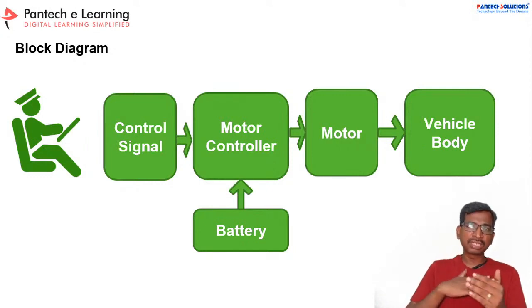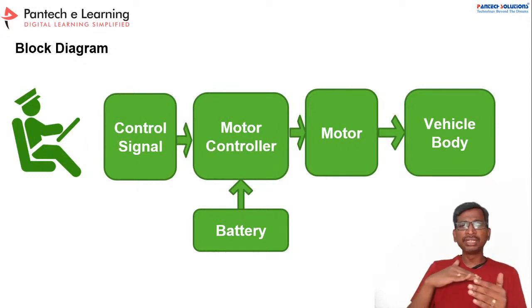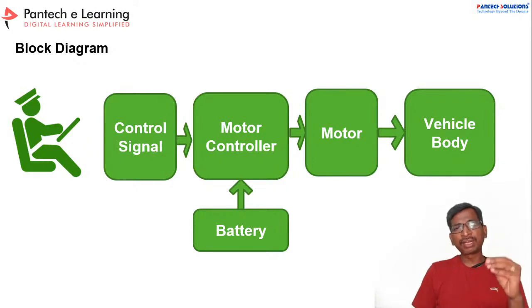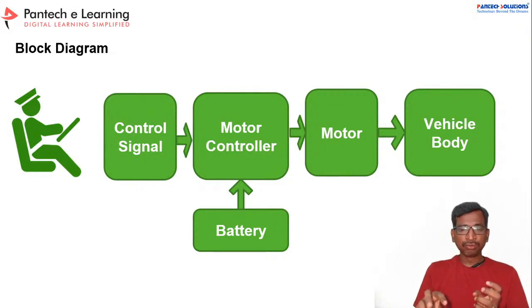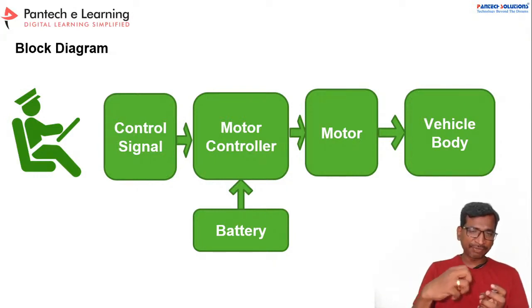We cannot run our vehicle at a constant speed. So wherever the brake needs to be applied, we have to apply a brake. Right. So in that case, the control signal is going to control the entire blocks. For this, the major power we are going to extract from the battery.